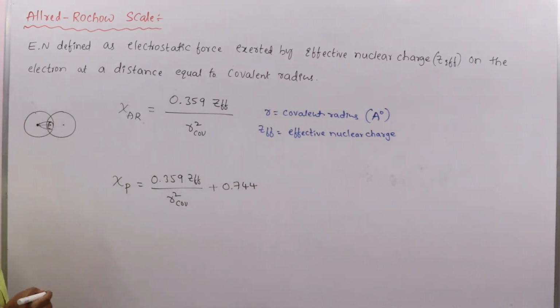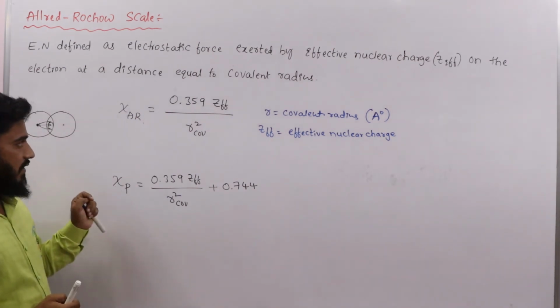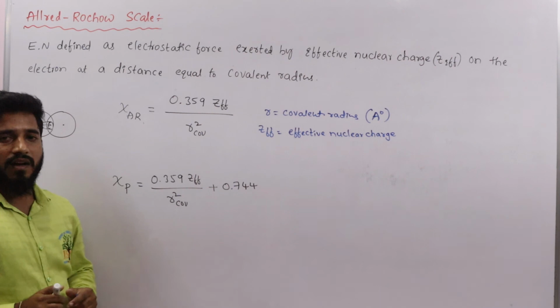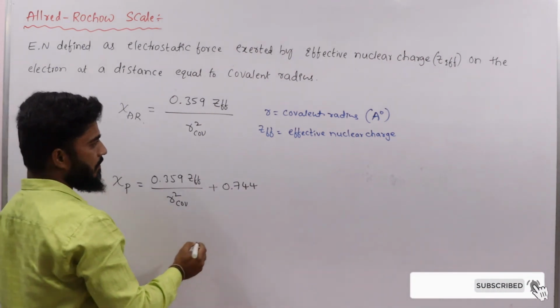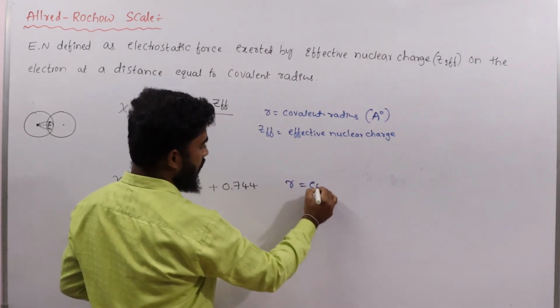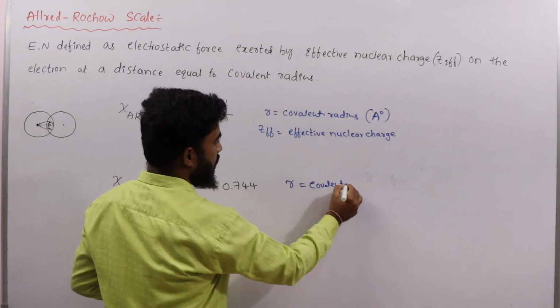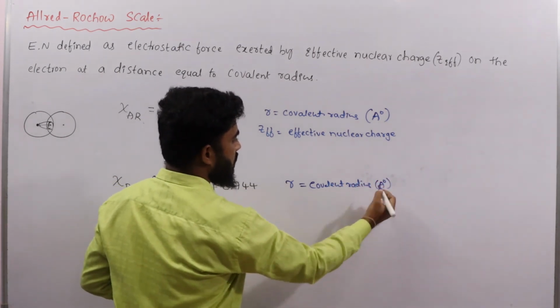This is the relation between Pauling scale electronegativity and Allred-Rochow electronegativity values. Covalent radius should be in angstroms.